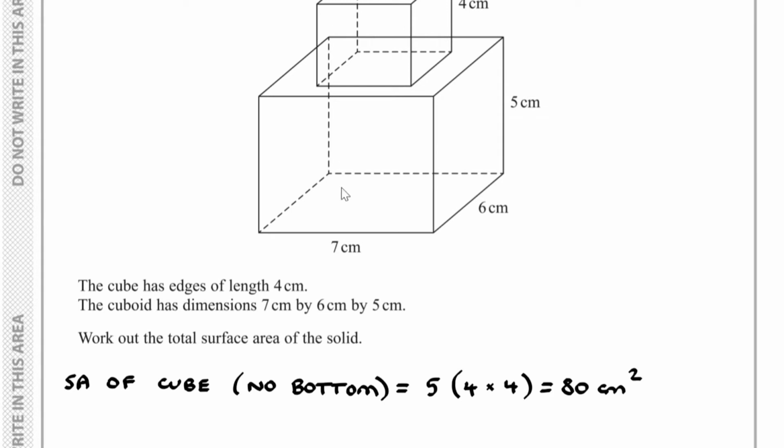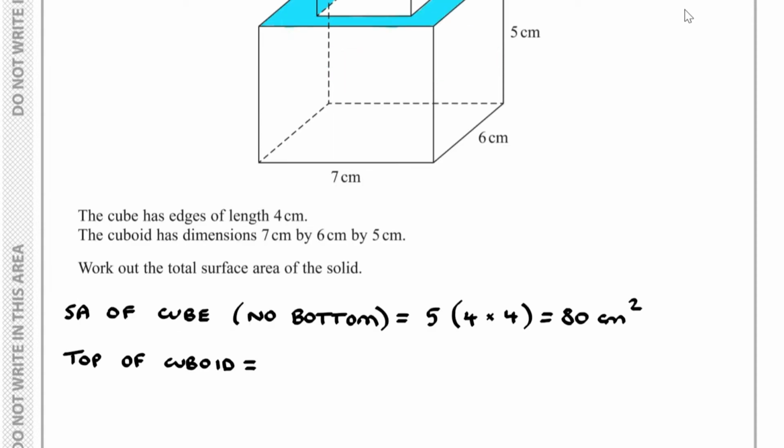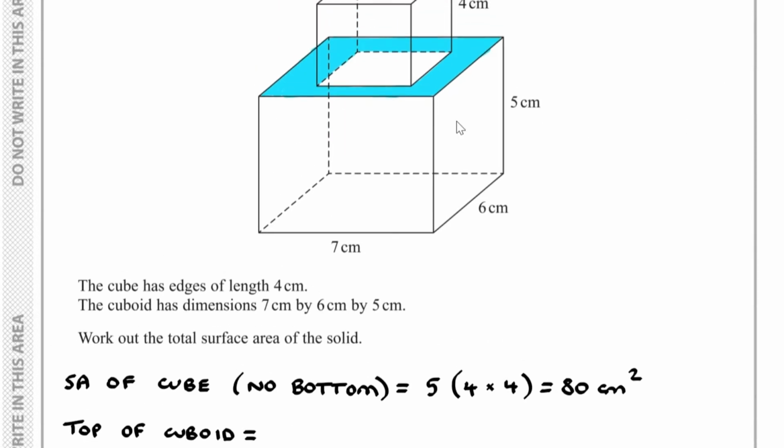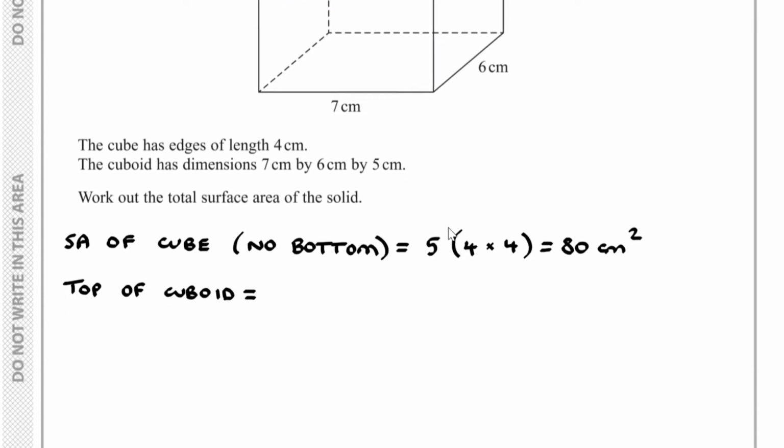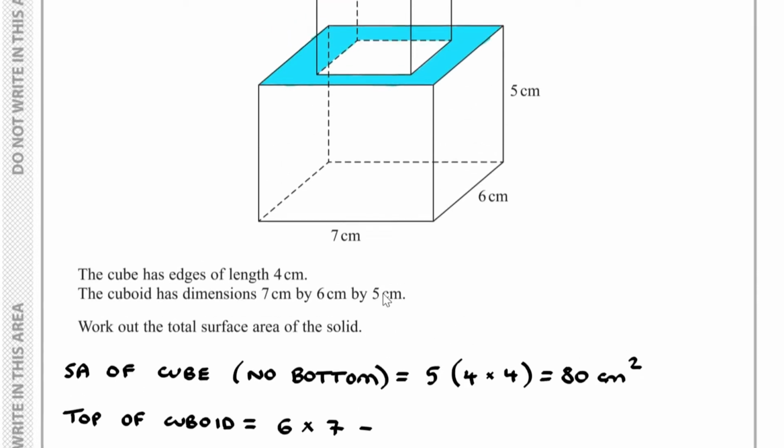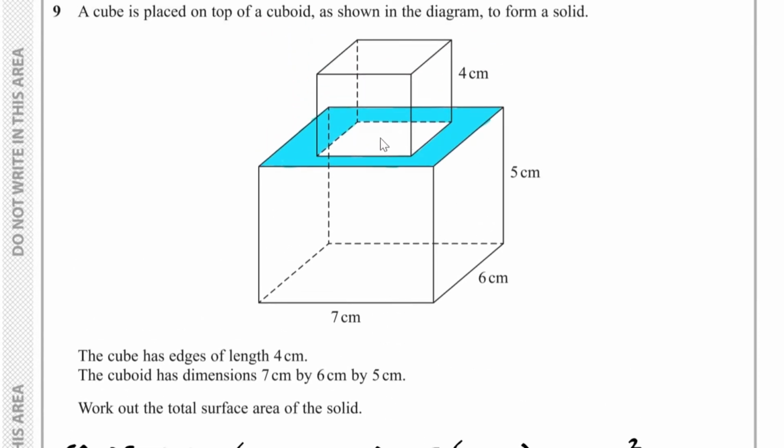And then we can work out the top of the cuboid. Well, we've got the dimensions 6 by 7, so we have 6 times by 7, but then we need to take away this face here.